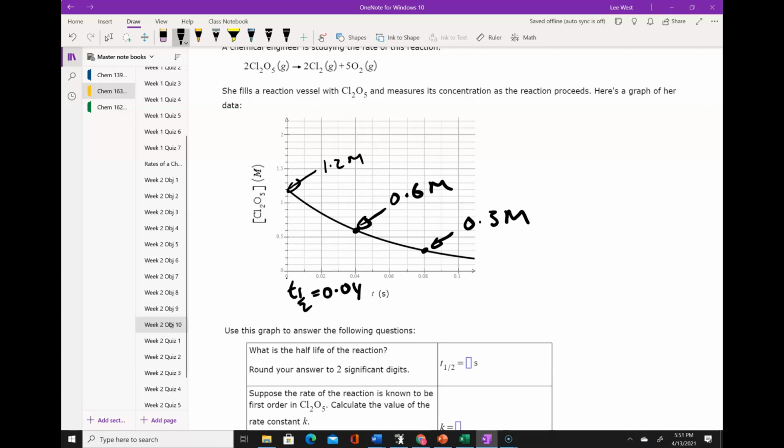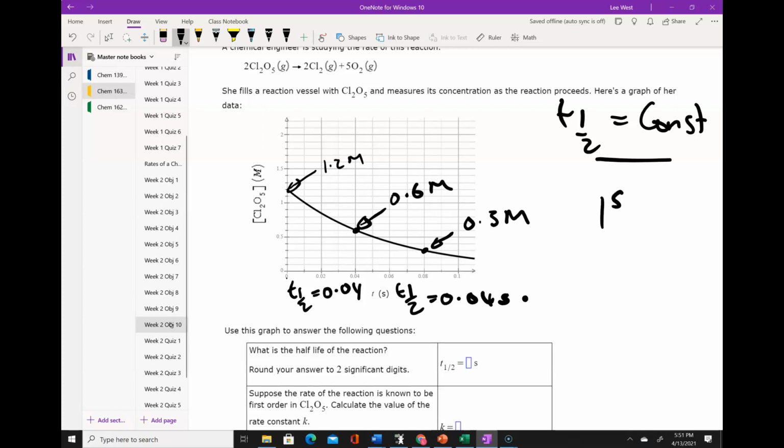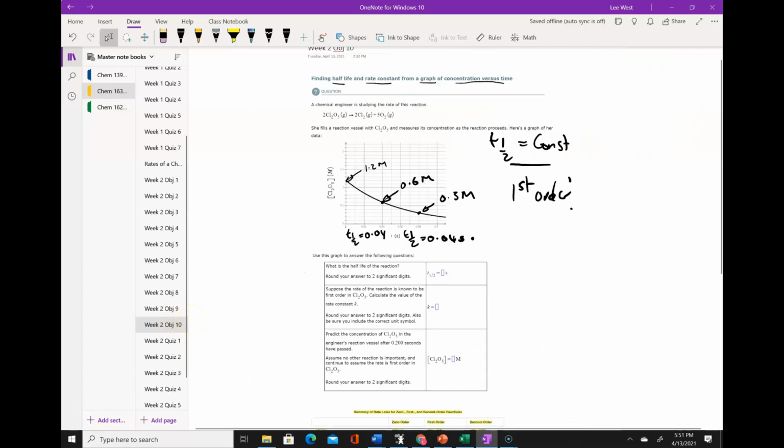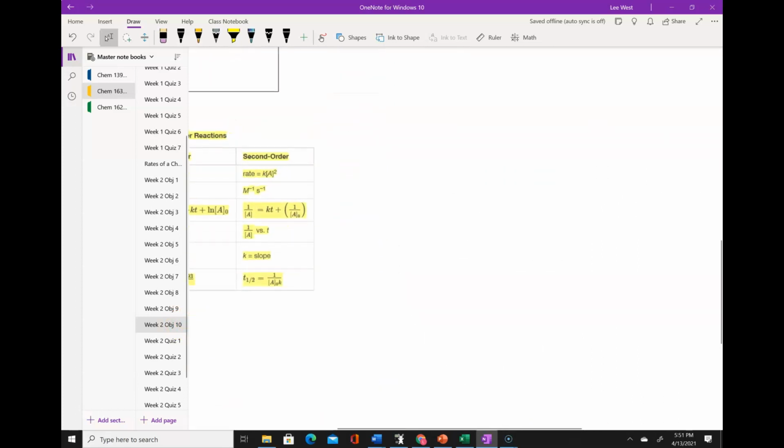And then the second half-life, we go from 0.04 to 0.08. The second half-life is also 0.04 seconds. So T1/2 equals a constant. So what does that tell you? Tells you first order. All right, let me show you why.